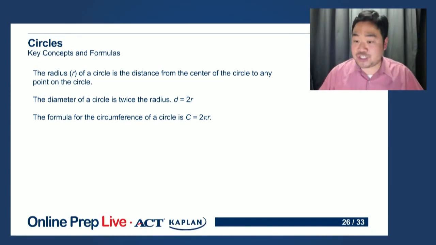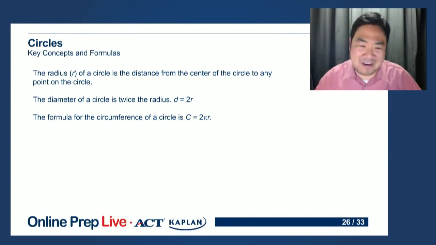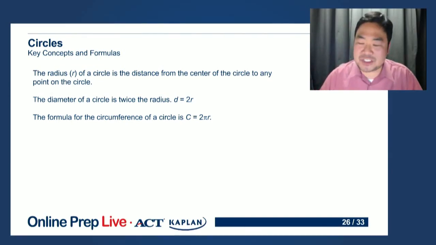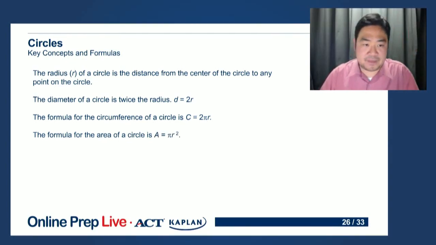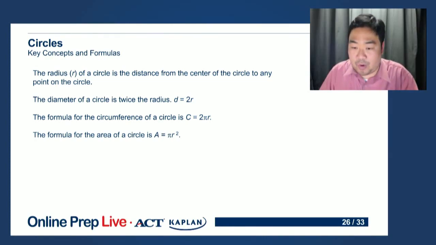And for most questions, actually, you can just leave pi as it is. Don't mess with pi. Just leave pi where it is. Circumference is equal to 2 times pi times the radius. So that's the formula for the distance around the circle. And then the formula for the area of the circle is area equals pi times the radius squared.